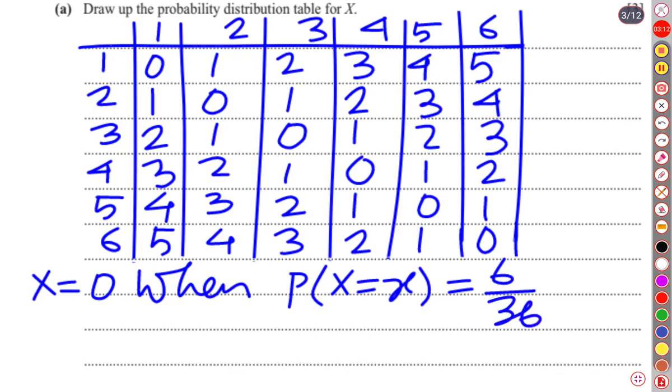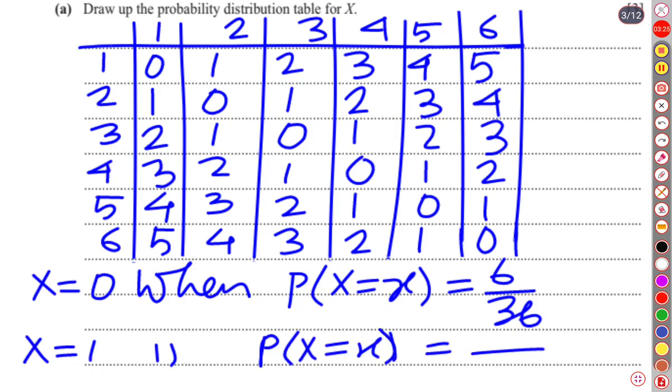When x is equal to 1, let's see how many ones are there out of 36. So 1, 2, 3, 4, 5, 6, 7, 8, 9. Are there 9 ones?